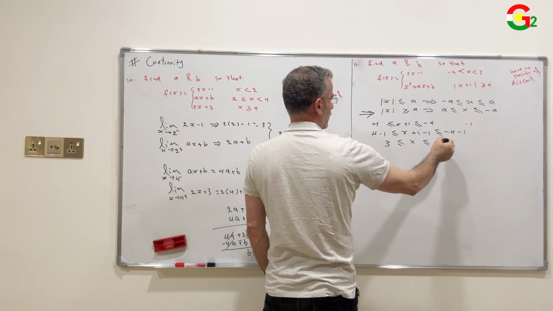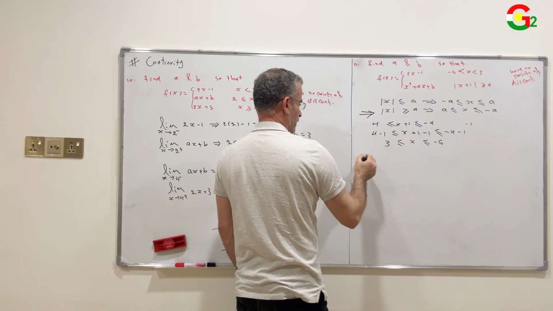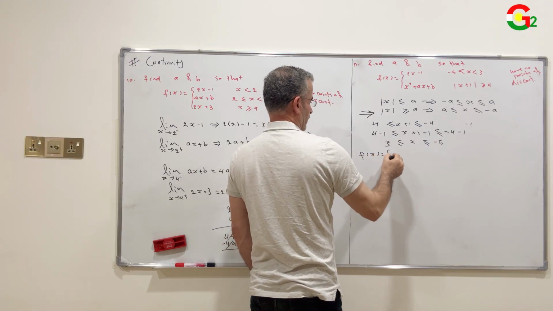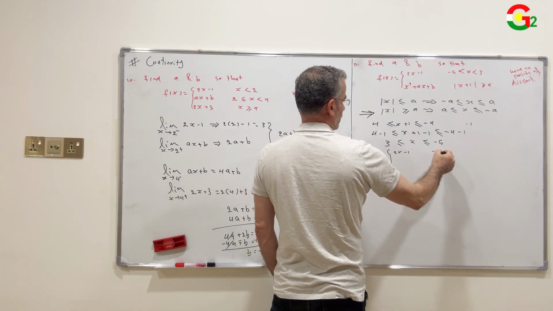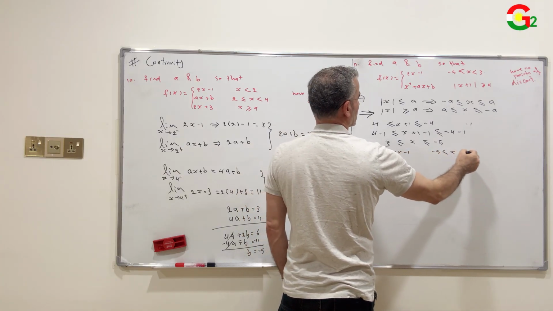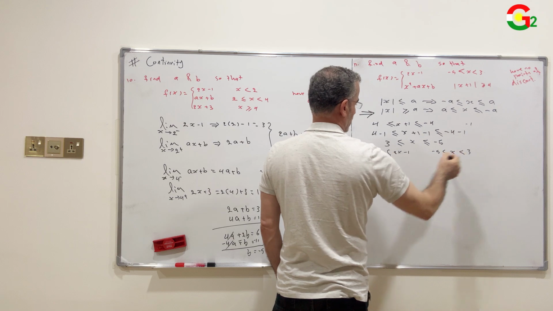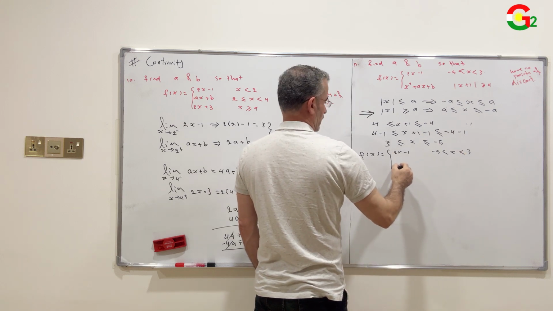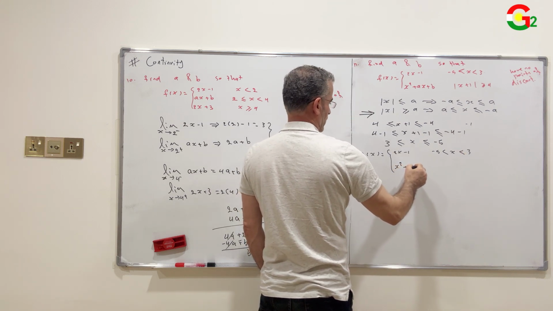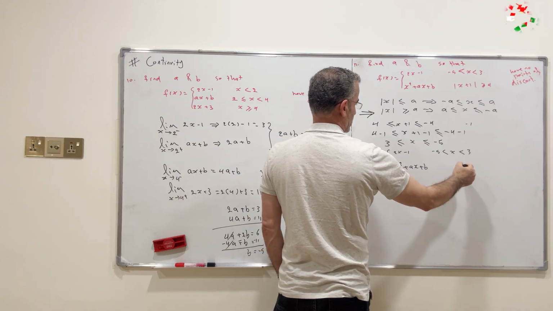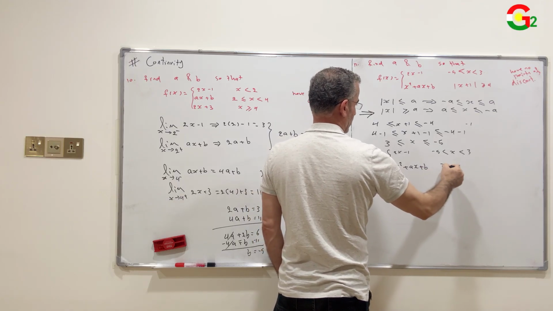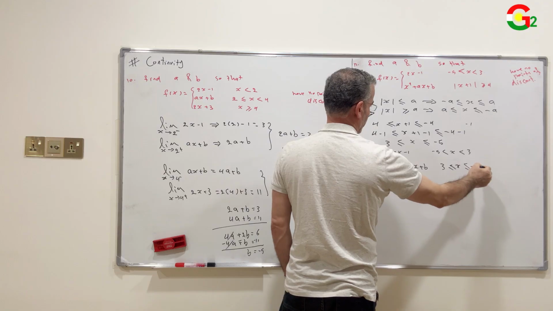Negative 4 minus 1, negative 5. Then the function will be 2x minus 1 for negative 5 less than x less than 3, and x squared plus ax plus b when x is greater than or equal to 3 or less than or equal to negative 5.